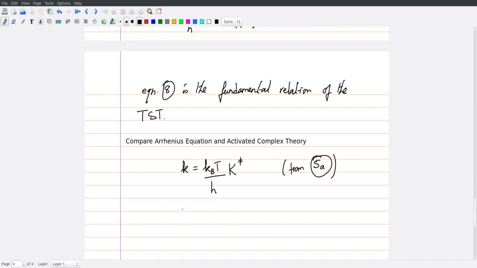So we will just take log on both sides. If we take log of both sides, you have ln of kB by h plus ln of T plus ln of K dagger.